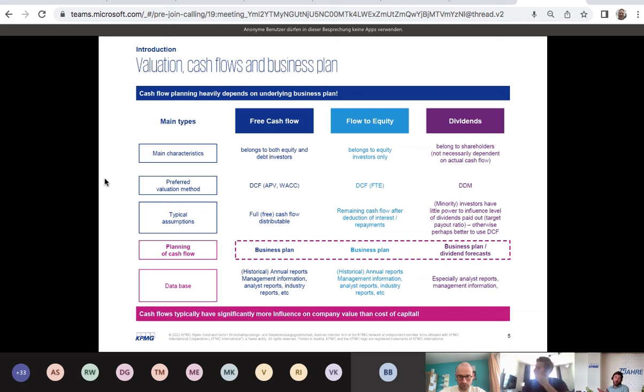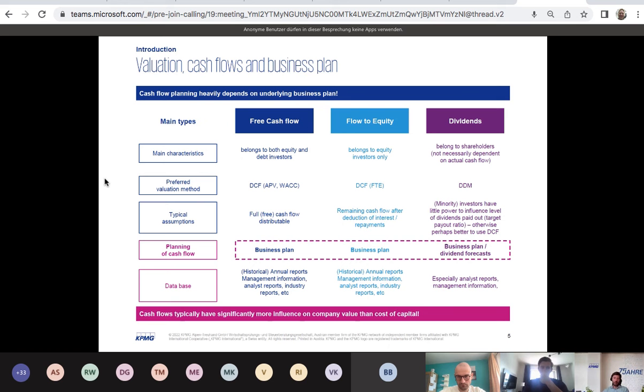And yeah, what's also very important here is if you think about the DCF equation, then typically the cash flows have a much more significant impact on the company value than just the cost of capital.